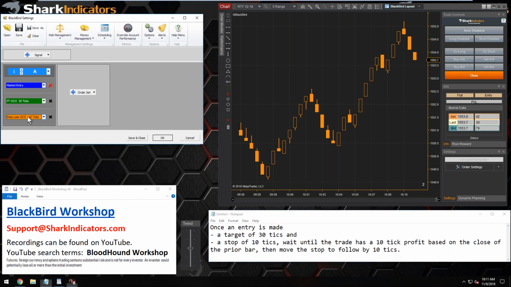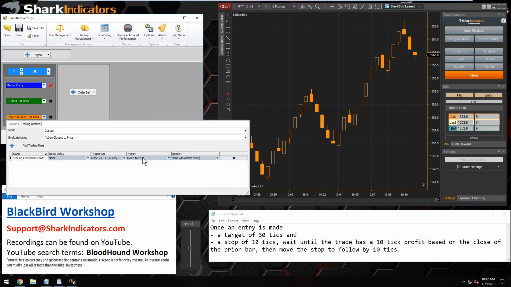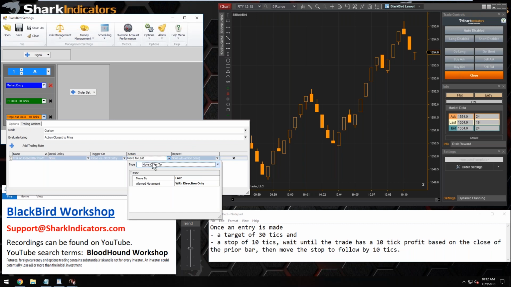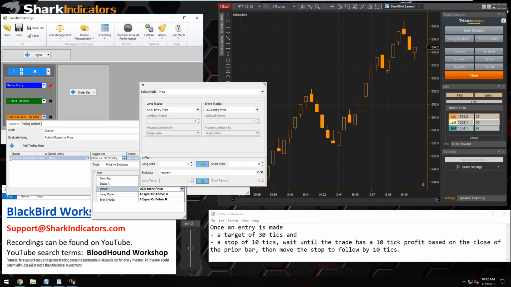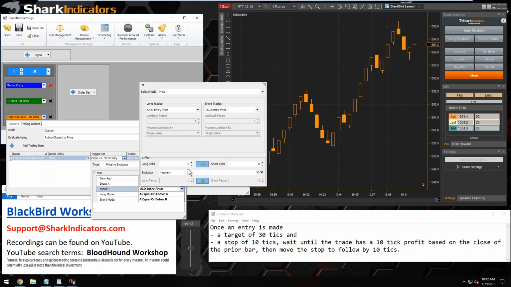So we're looking for a 10-tick profit. Let's go back to the triggers and back to input B. If we take the entry price and add a 10-tick offset, a positive offset, for a long trade, that would be a 10-tick profit.